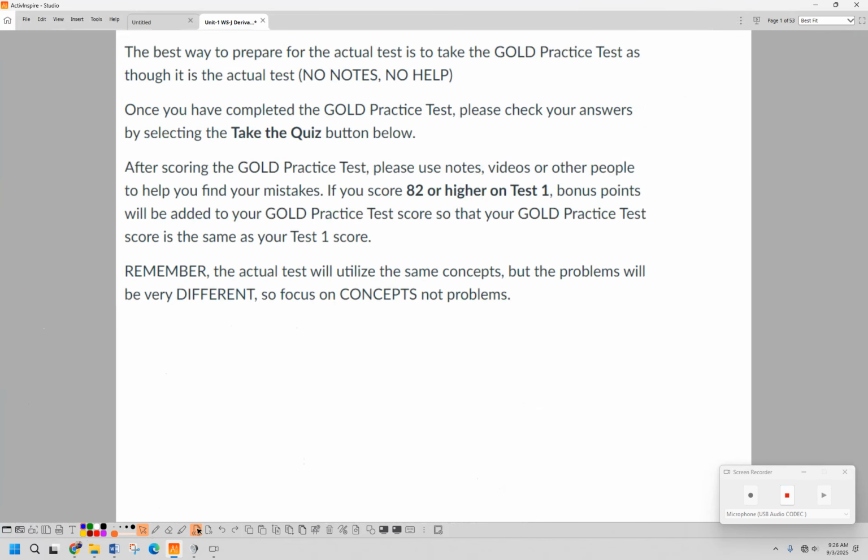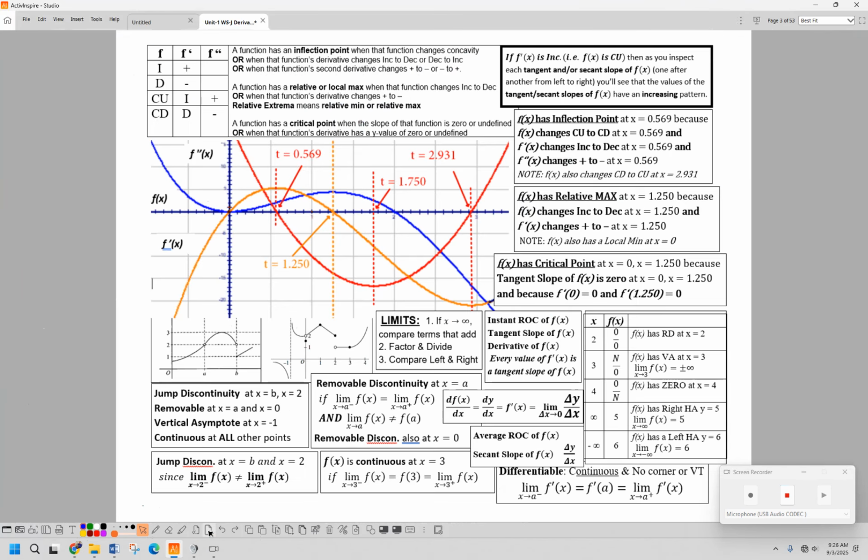This little box says right here that f has a relative max at x equal 1.25. So that's right here.